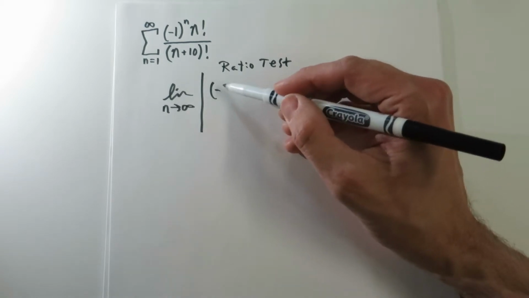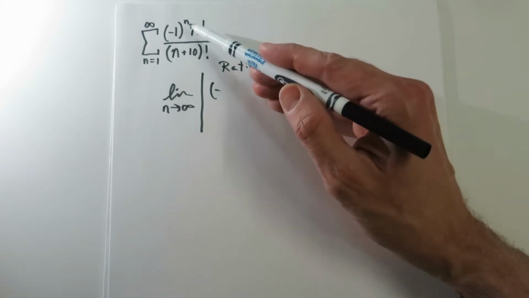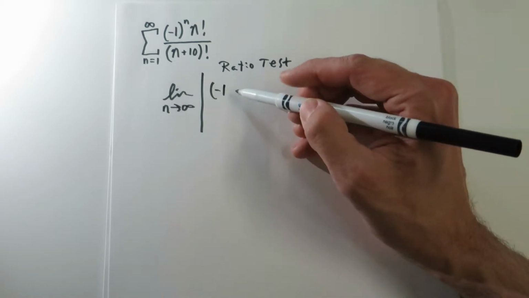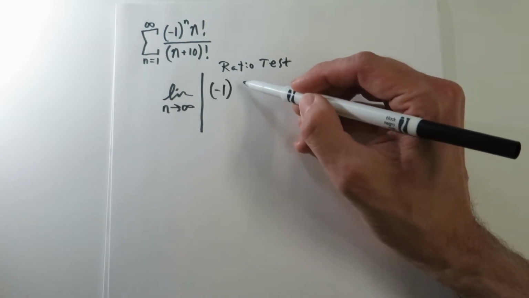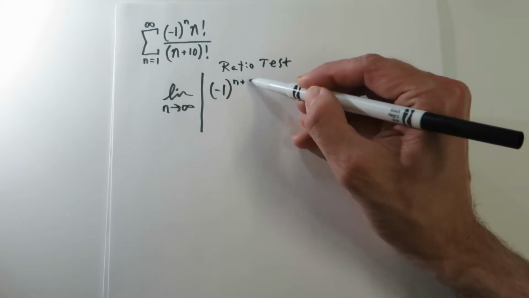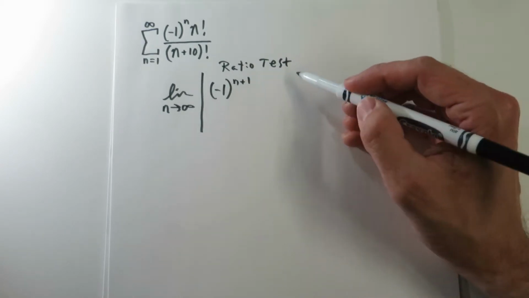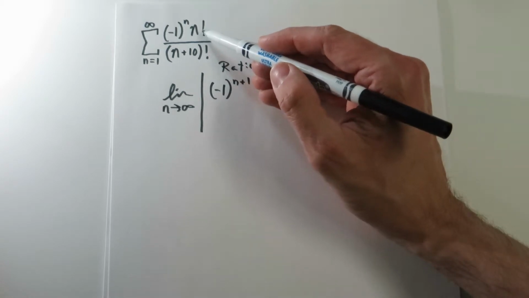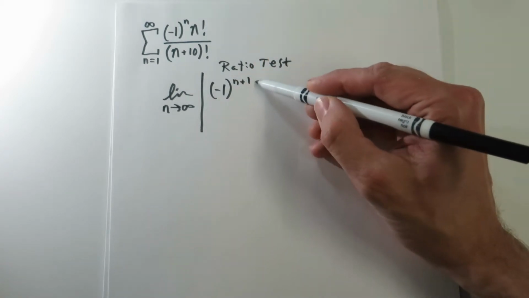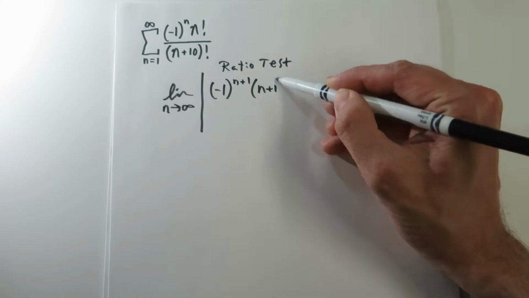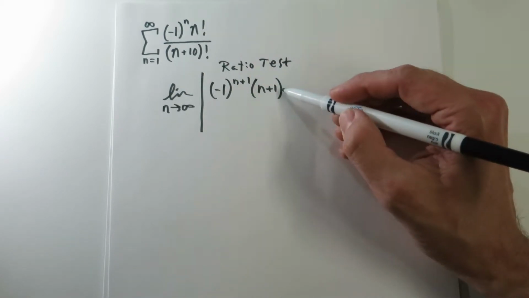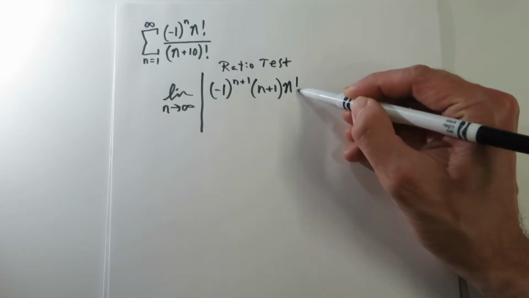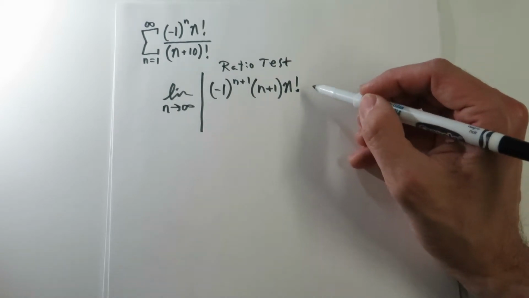Remember, whatever's on the numerator, all the n's are going to have 1 added to them. -1 to the n plus 1 power times n plus 1 factorial. Well, that's just going to be n plus 1 multiplied by everything less than that, so in other words n factorial again.